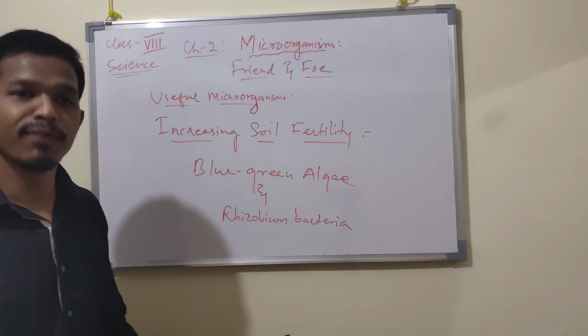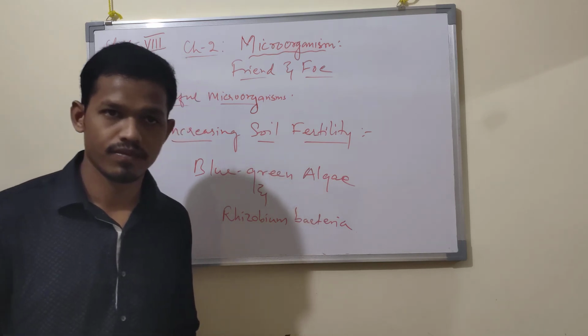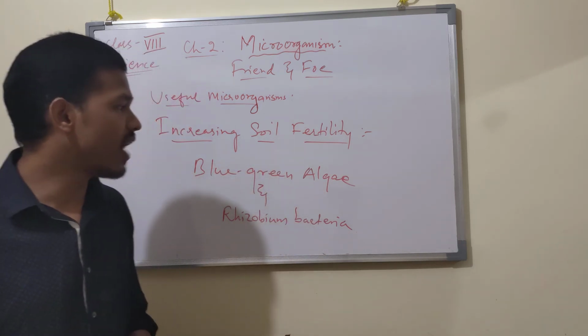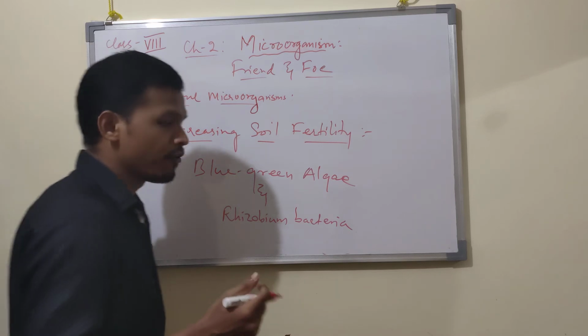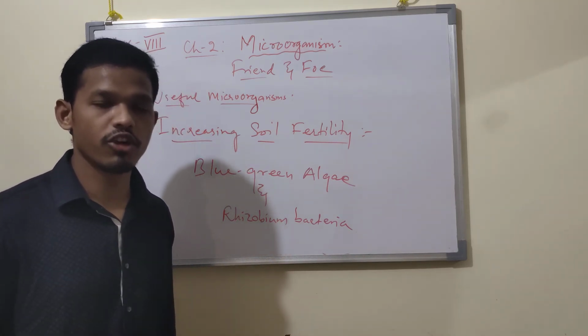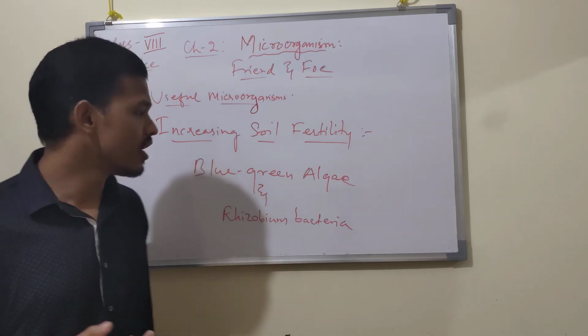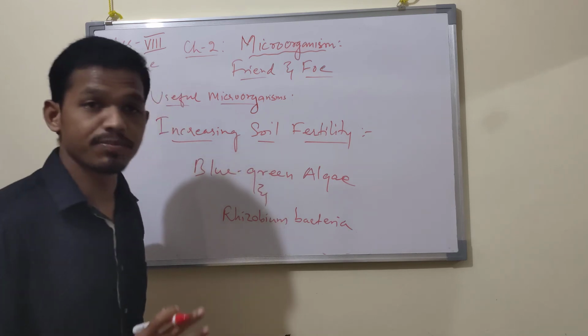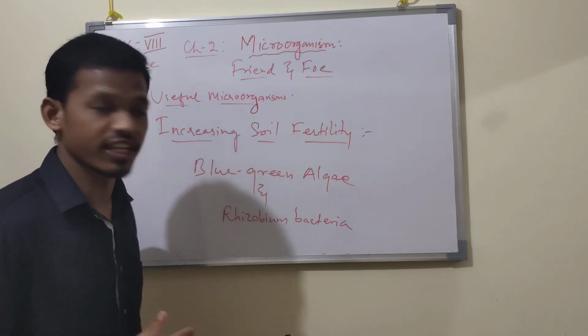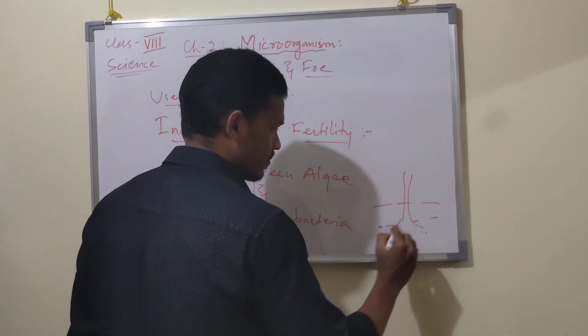Plants require nitrogenous compounds. Usually farmers add urea and ammonia to the soil to get nitrogen. But in many cases, these microorganisms fix nitrogen gas. So this is the soil, and this is a plant.